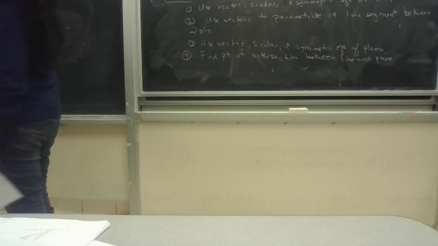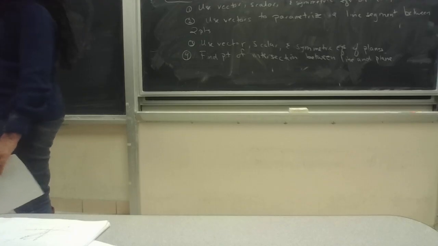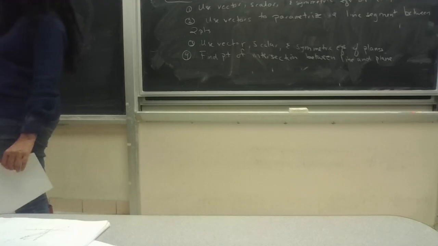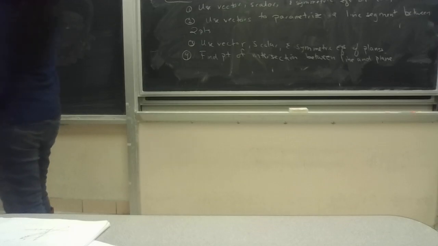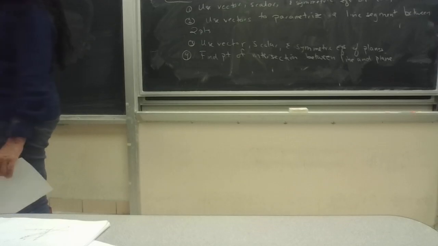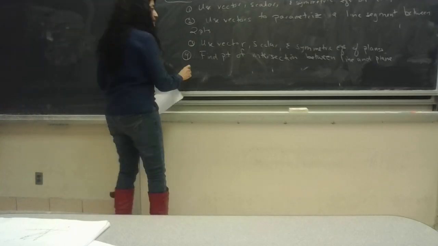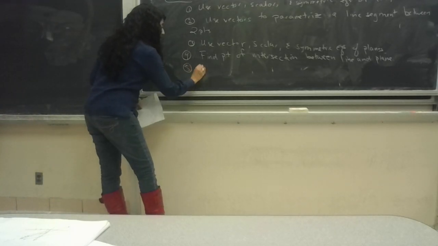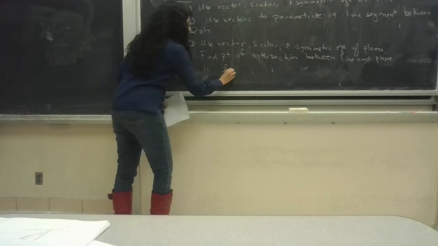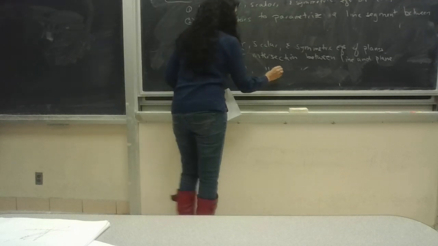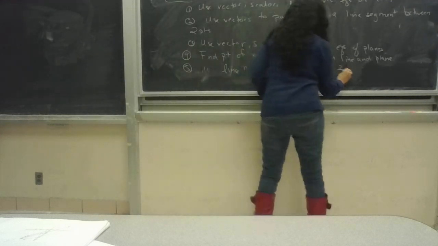Not just the corner, that would be 3 planes, a point. But with 2 planes, it's a line. So you have to find the line of intersection of the 2 planes. Does that make sense? So find the line of intersection between two planes.